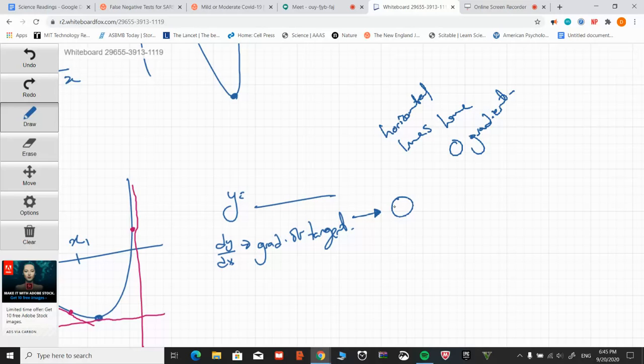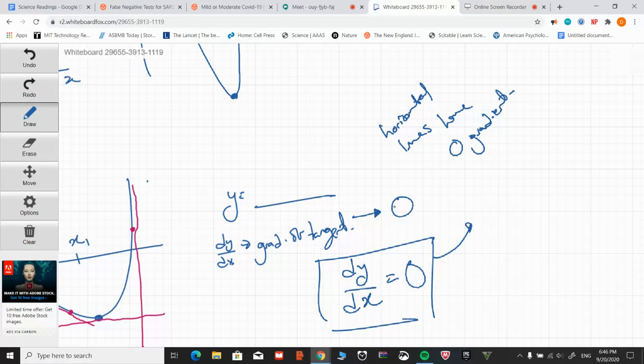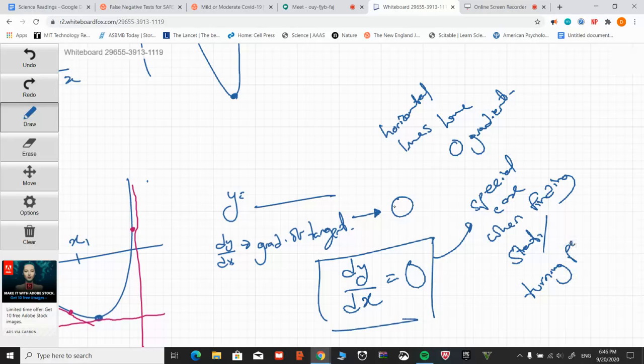So since our tangent is horizontal, the tangent's gradient has to be 0 as well. If the tangent's gradient is 0, what is our idea? The idea is dy by dx is equal to 0. This is the special case when finding stationary or turning points. So you may think of this as your formula or condition or the special case.